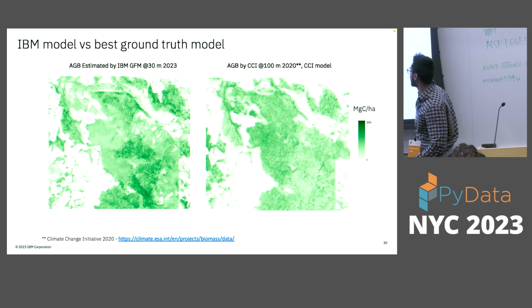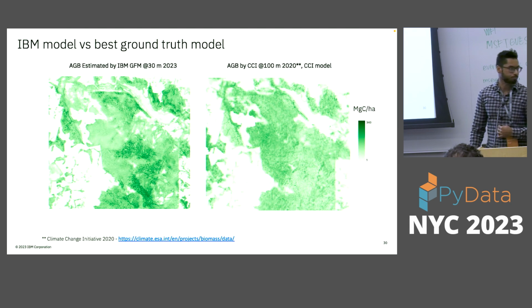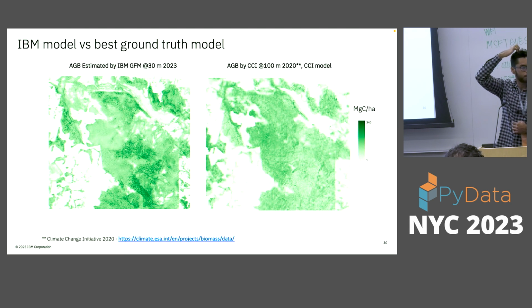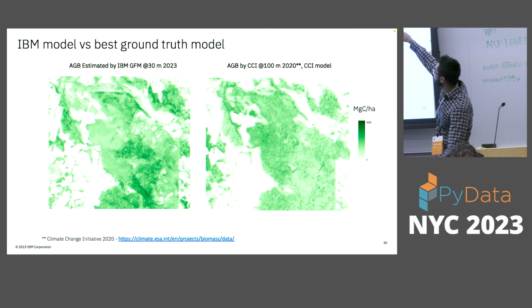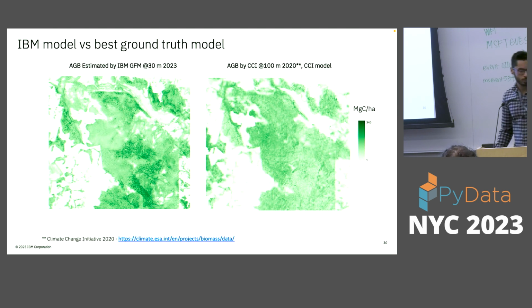So that's the challenge that I was mentioning. It's very challenging to see how our predictions are doing. But here we also have the advantage of having higher resolution data. And also, other differences are that this one is from 2020 and our prediction is from 2023. So something can change in those 3 years as well.